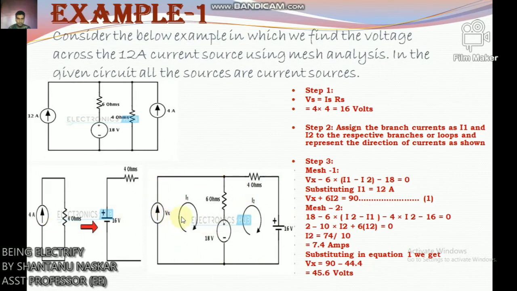Okay, now step 3 is applying the KVL to each mesh. Each mesh means 2 meshes. Now mesh 1, just go through this picture, Vx minus 6 into I1 minus I2 minus 18 equals to 0.